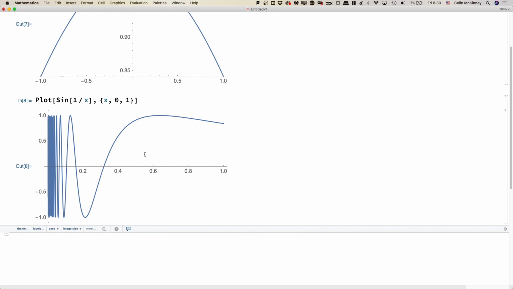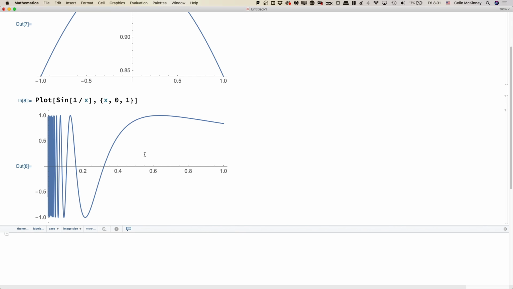Anyway, right. So what's happening with this sine curve is that as x goes to 0, 1 over x is getting to be larger and larger values. Now, what does sine of x do as you go off to infinity? Just plain old sine of x, right? It's just doing that up and down thing, the sine wave.